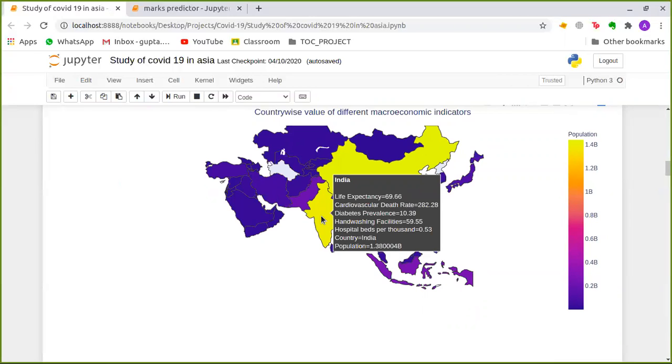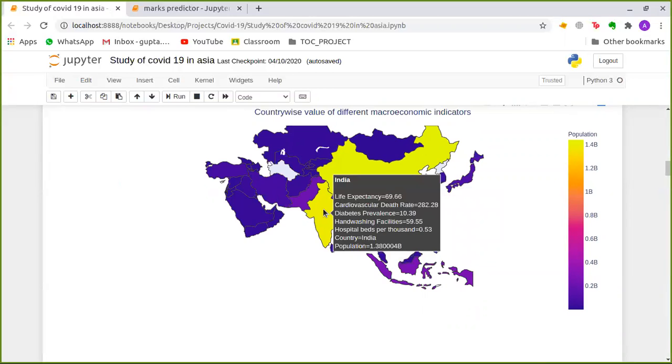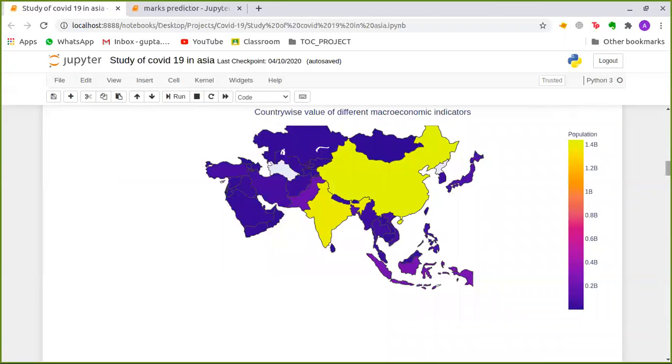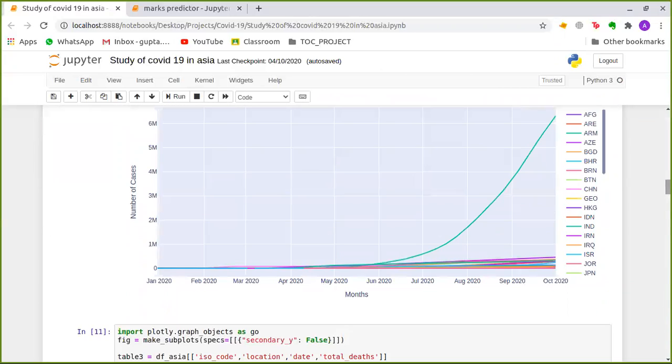At the same time, there are sanitation-associated factors like availability of hand washing facilities, and healthcare infrastructure parameters like hospital beds per thousand, then the country and the demographic indicator of population. Life expectancy is one of the most important macroeconomic factors, as indicated by WHO and UNDP as well.